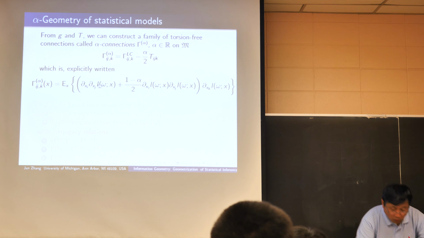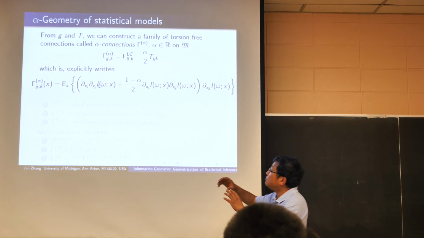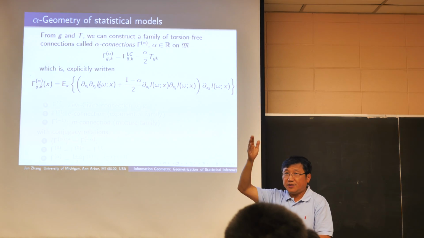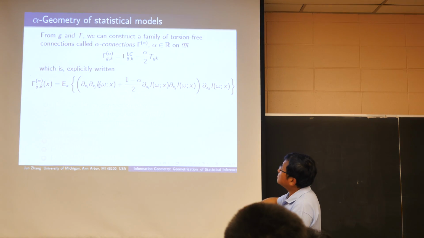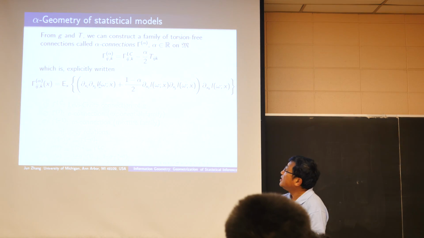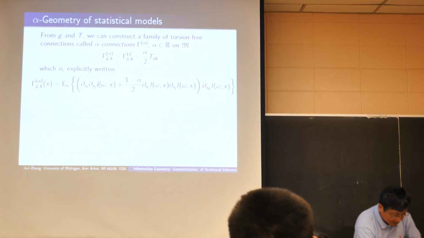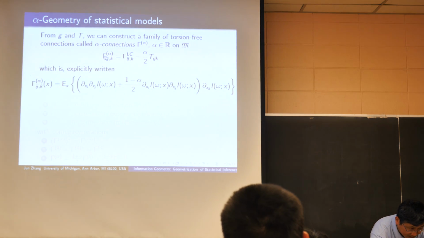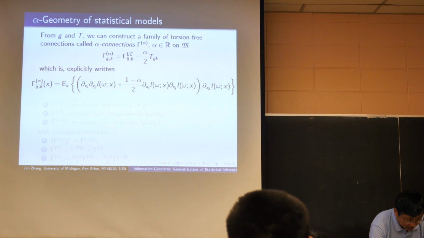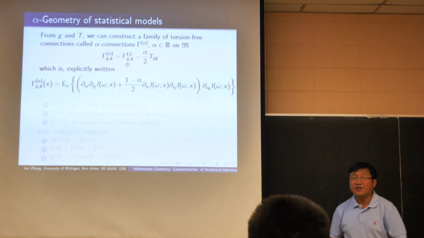Now, what we do is use this Riemannian metric, the second order quantity, and then construct a family of third order quantities, which is the alpha connection. Here, this is called gamma. In Amari's book, you will read about this. Alpha is a real-valued parameter. The first term is the Levi-Civita connection.